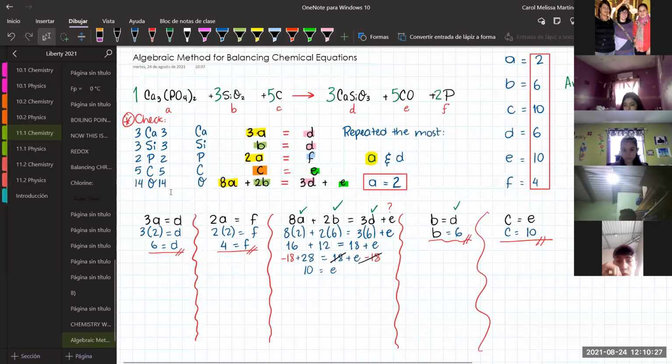So do your own check to know if you did it right or wrong. And in the PDF file, you will see the 2 procedures, section 1 and section 2 procedure, but the answer is going to be the same.